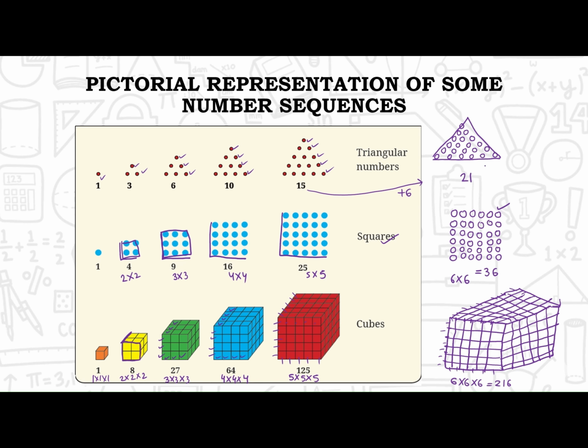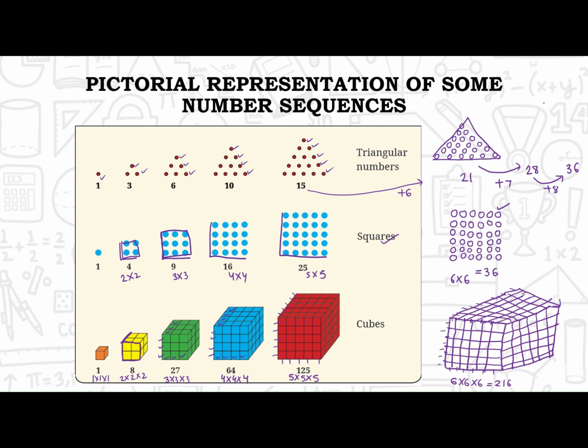Let's draw 36 for triangular numbers. After 21, what will come? You will add 7, you will get 28, and then when you add 8, you will get 36. That means for 36, we have to draw 8 lines: 1 plus 2 plus 3 up to 8.